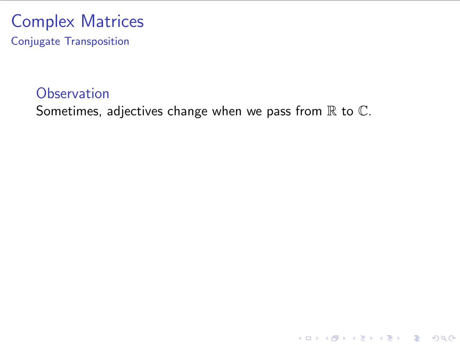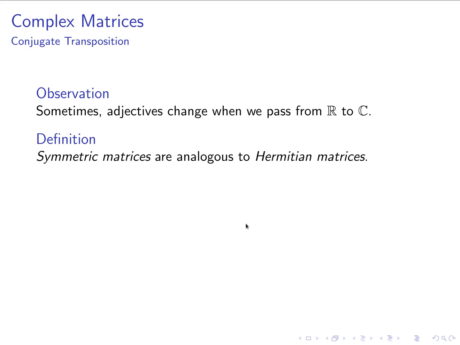Now, sometimes we actually change adjectives when we move from R to C, and there are a few key points we should make here. Remember that a symmetric matrix in the world of real matrices is a matrix whose transpose is equal to itself. In the world of complex matrices, we don't use the adjective symmetric, we use the adjective Hermitian.